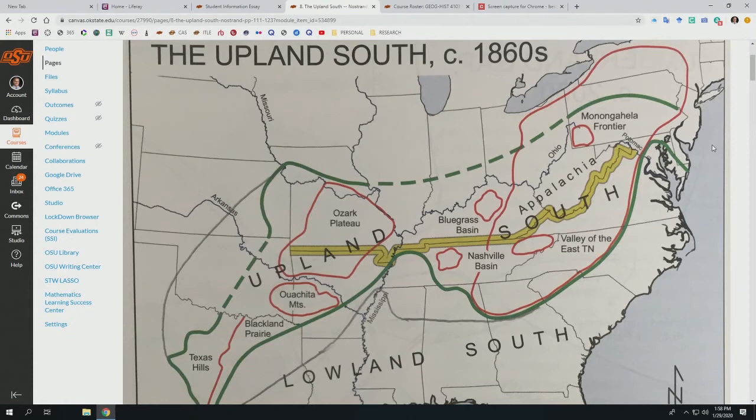These were people who were too far away from urban markets or seaports to produce plantation crops.